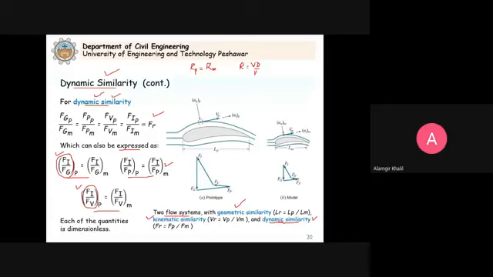We are not saying that the diameter will be the same in both, or that the velocity will be the same, or that the fluid must be the same. We only say that whatever the proportion is, the result should be the same. Let's say that if the Reynolds number in the prototype is 4000, just as an example, this must also be 4000 in the model.